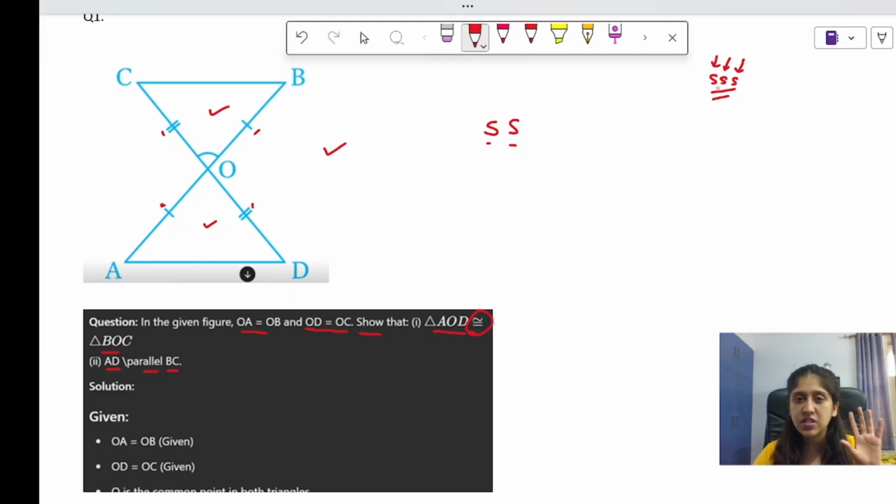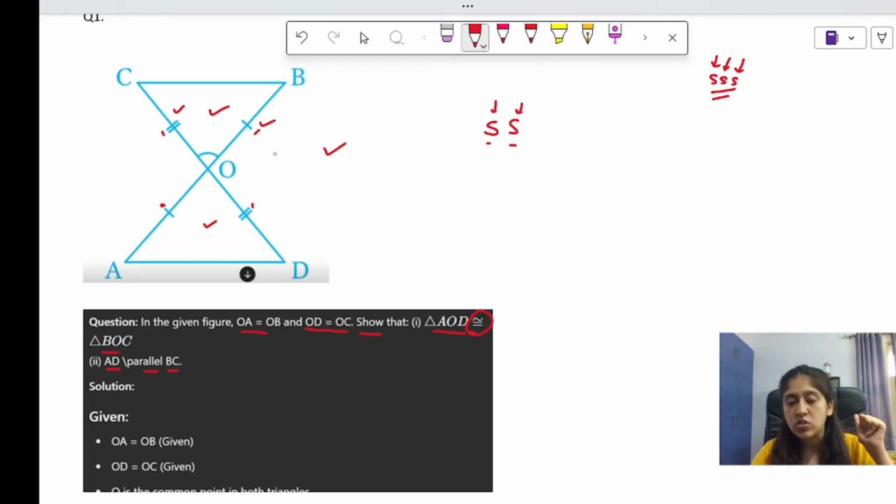I hope this concept is clear to everybody. So if I actually apply this, what I have is one side equal. There's another side equal. अगर मुझे इस रूल को SSS बनाना है, then I have to have BC equal to AD. But is it given in the question that BC is equal to AD? No. That means SSS cannot be applied.